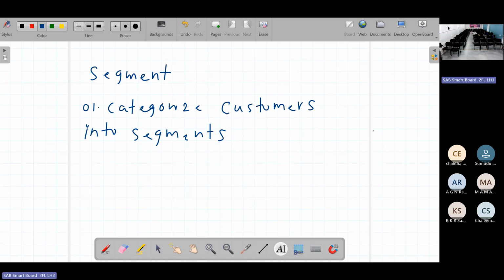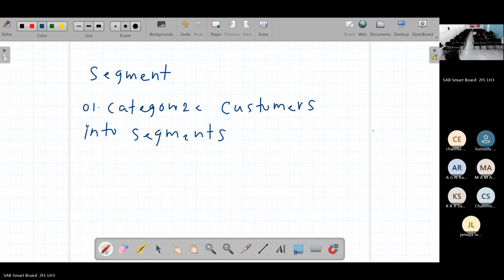Same product based on the type of the segment. You can write example.